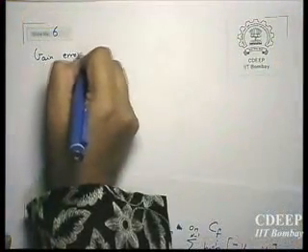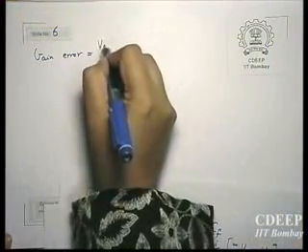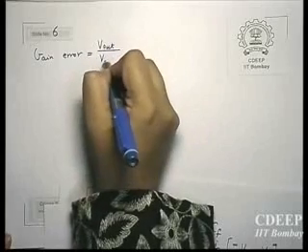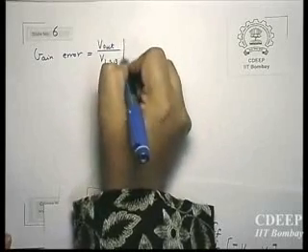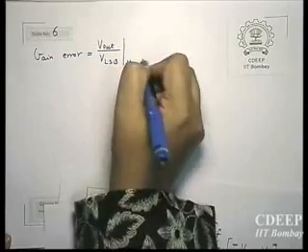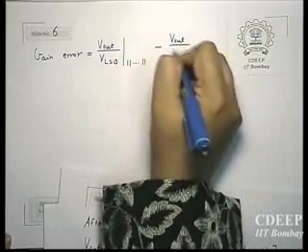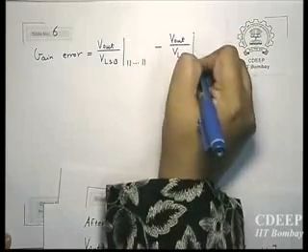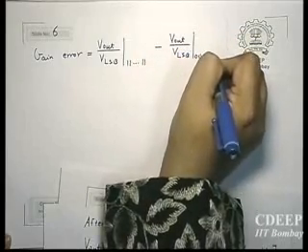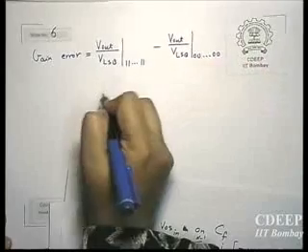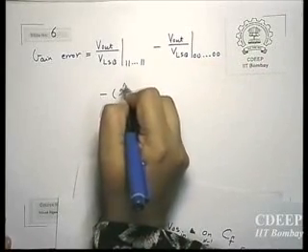So you know this gain error is V out upon LSB size for all 1s minus V out upon LSB size for all 0s minus (2 to the power n minus 1).